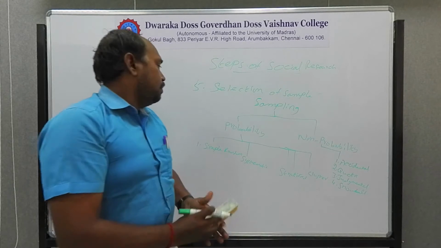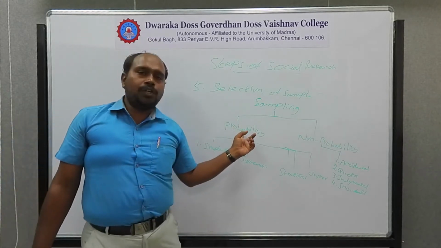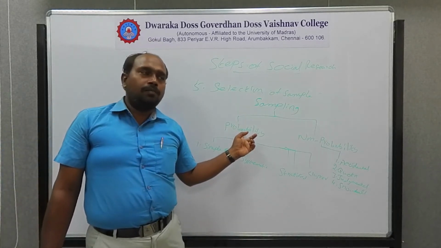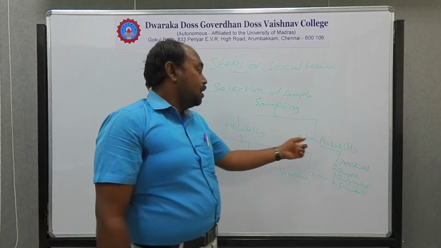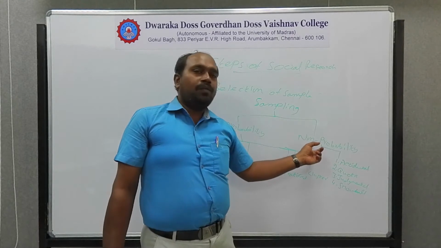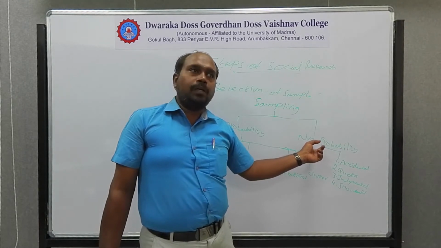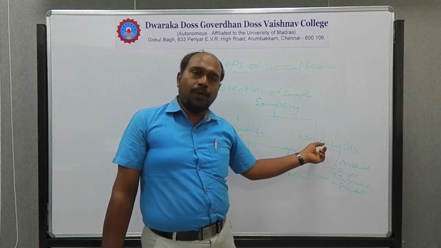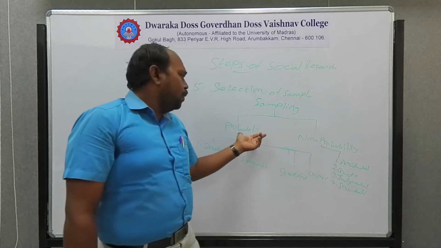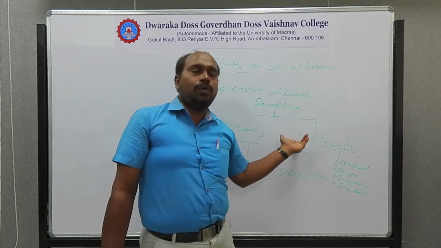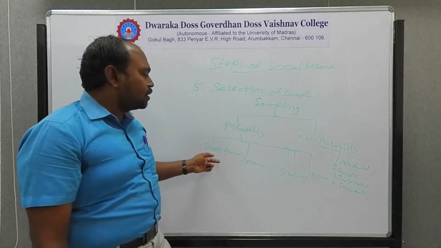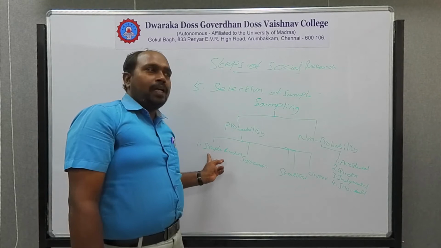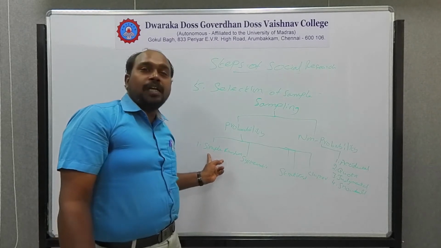So, probability sampling gives equal chance from the universe to represent the sample, but non-probability sampling will not give equal chance to select the respondents from the universe. So, both sampling procedures are highly utilized in selecting the sample. Simple random sampling is widely used if the population is very high.